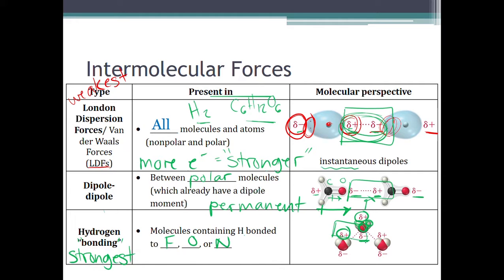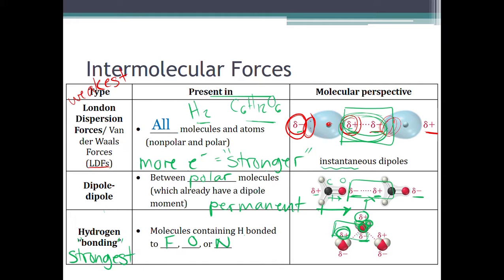So we've got this attraction here between something very, very negative and something very, very positive, and that causes an even stronger attraction than in just mildly negative and mildly positive. Again, these are not full charges, because then it would be ionic and it would be an intramolecular force. These are still partial charges. They are not entirely positive or entirely negative, but they are much stronger than a regular dipole, which is why we give this sort of its own name.